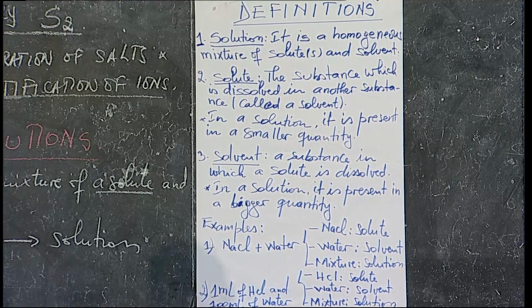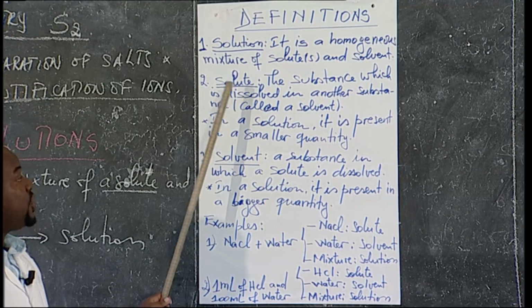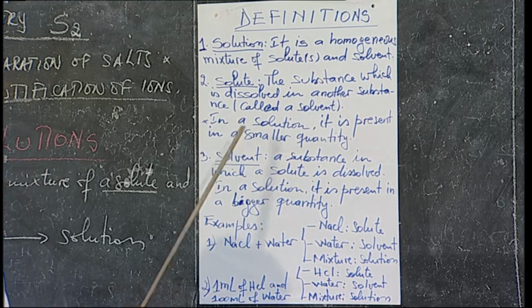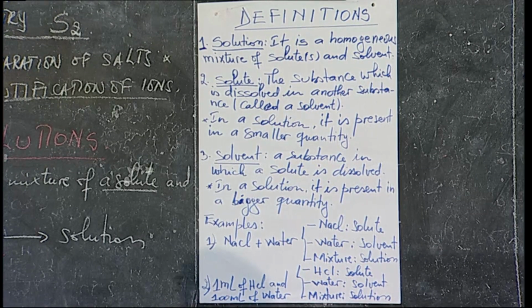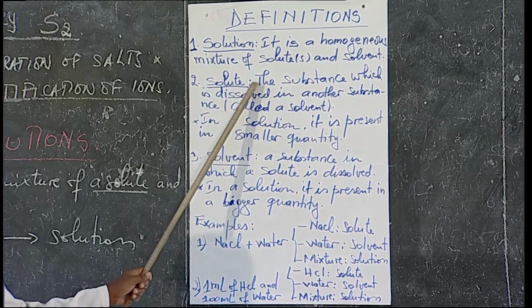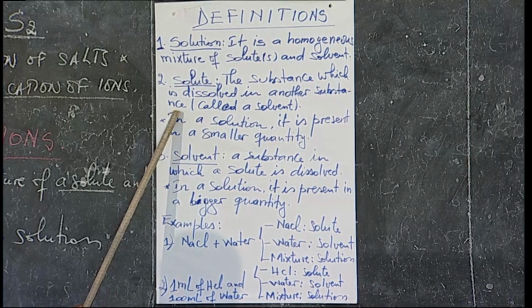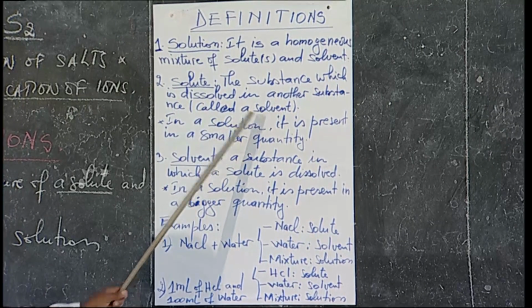It is exactly the same as this one. And what is a solute? A solute is the substance which is dissolved in another substance. The other substance I'm talking about is the solvent. So a solute is that substance which is dissolved in another substance. And this other substance is the one we call a solvent.